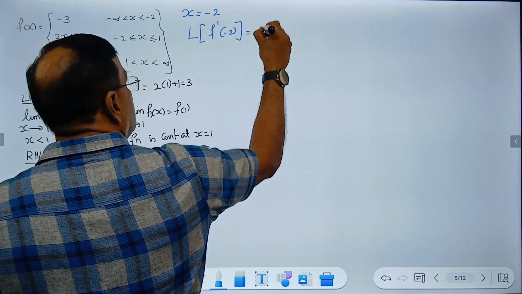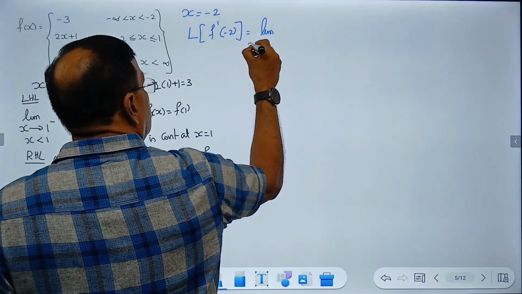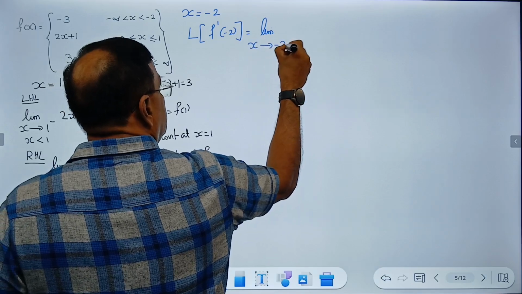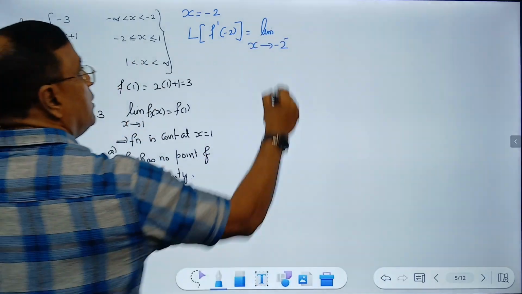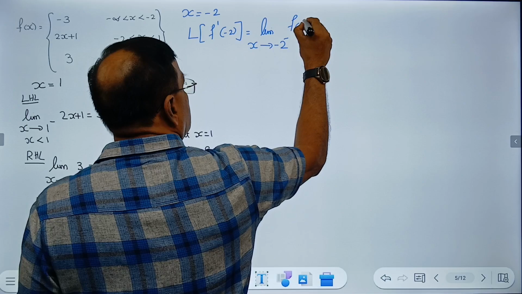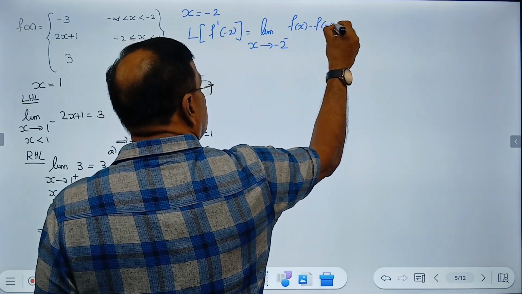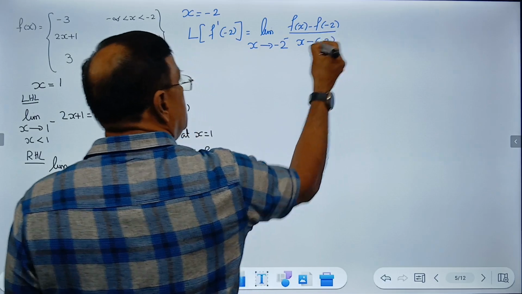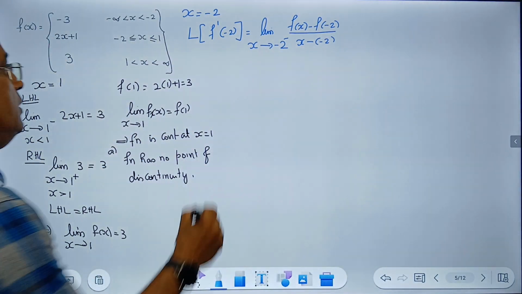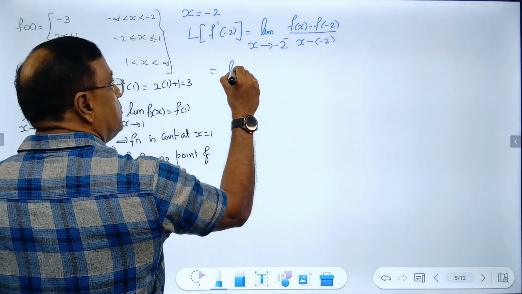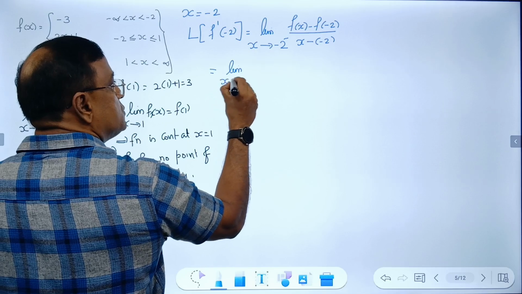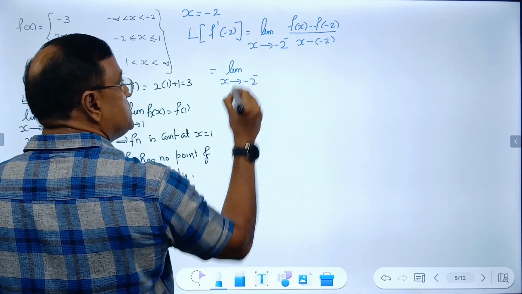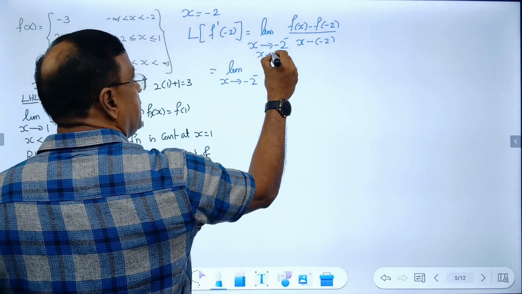What is that? Limit x approaches -2 minus, f of x minus f of -2 divided by x minus of -2. Here my a is -2. Therefore, this will be limit x approaches -2 minus. -2 minus means less than -2.